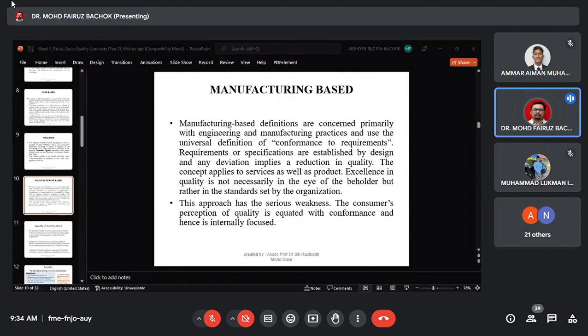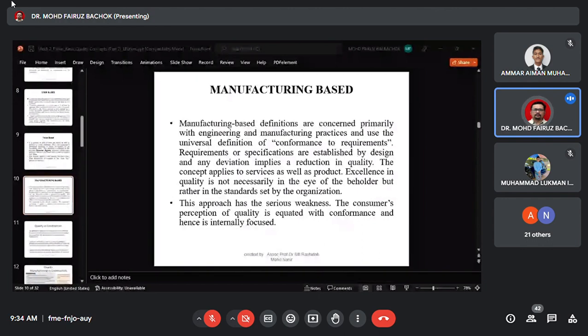If you produce something, maybe its function is not really needed by the customer, but because you want to conform to the requirement, you come up with extra features that your customer doesn't need, but are specified to conform to the requirement. That is wasteful. This is how the manufacturing-based approach works.